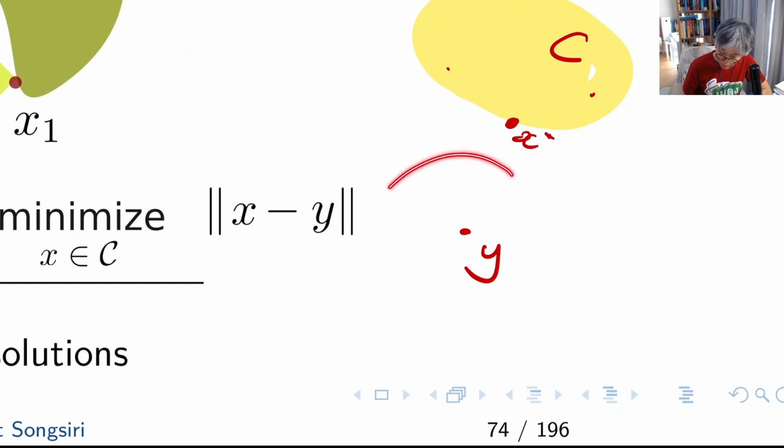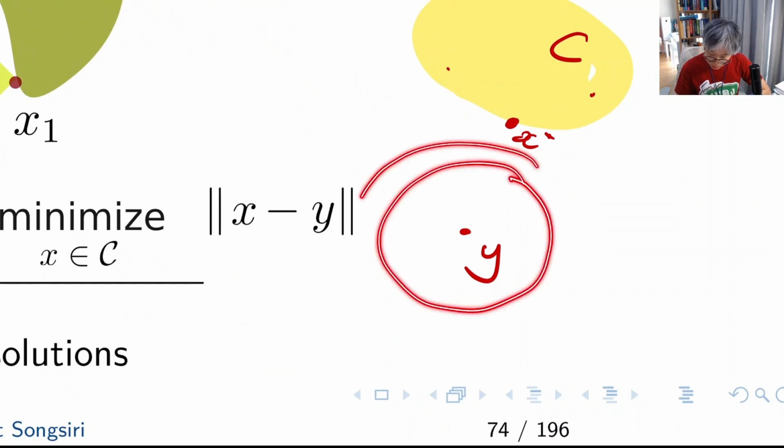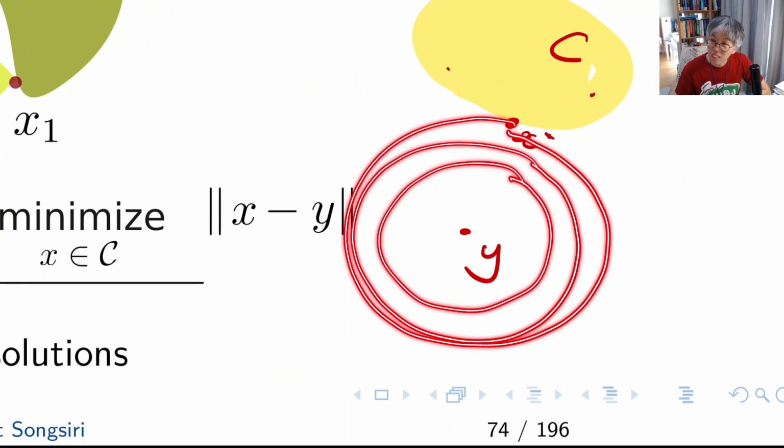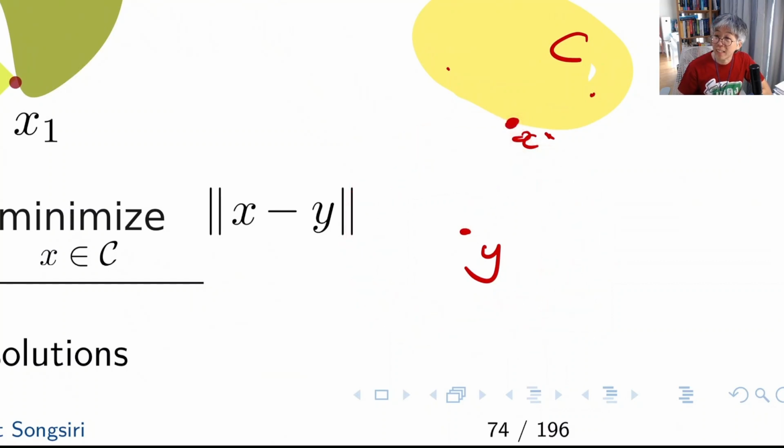Let's say the distance is 1.5. When I keep enlarging this circle until I hit C, that would be the smallest circle that touches the set C. And wherever it touches the set C, it gives me the point x on C that has the minimum distance.